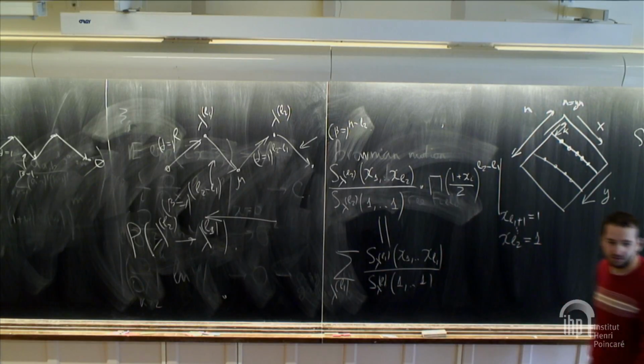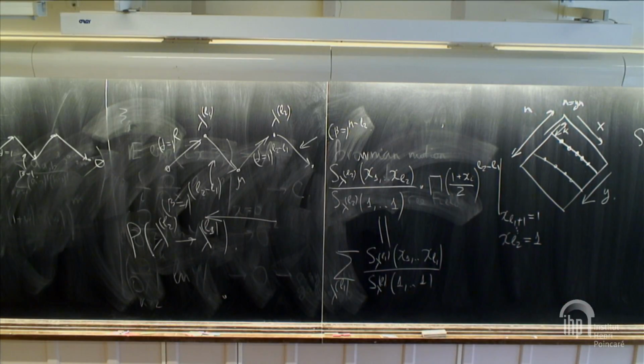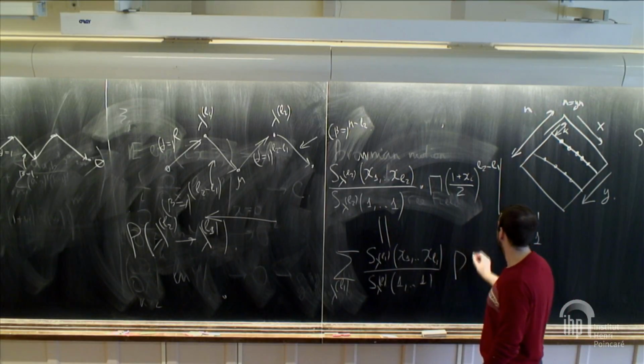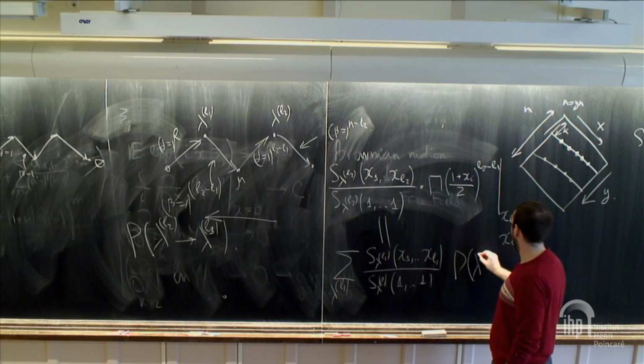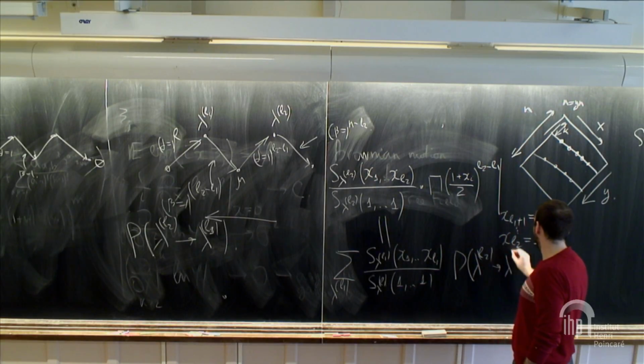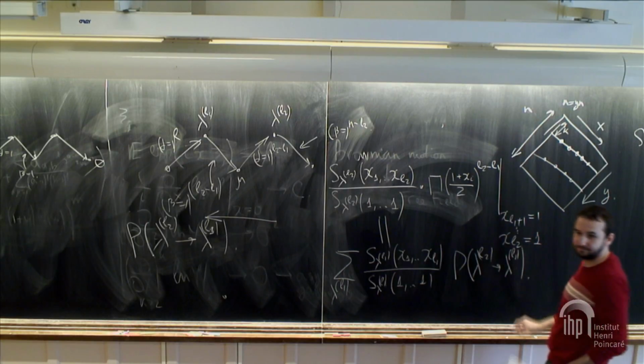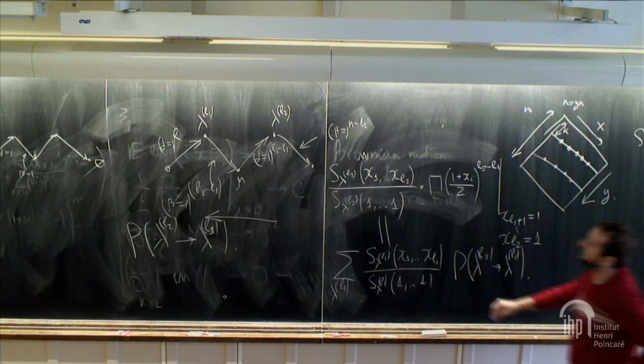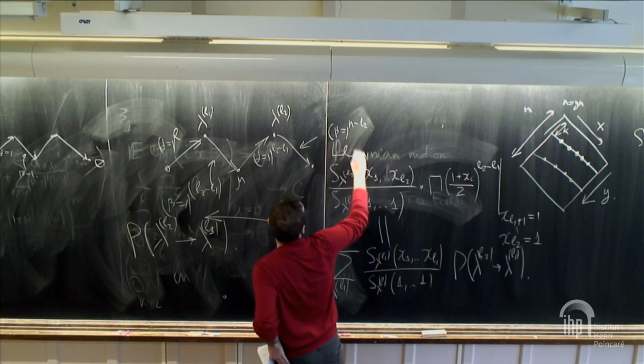And the coefficients in this decomposition will turn out to be precisely our transition probabilities, lambda L2 to lambda L1. Okay, let's call it a lemma. That's the way to define your transition probabilities.